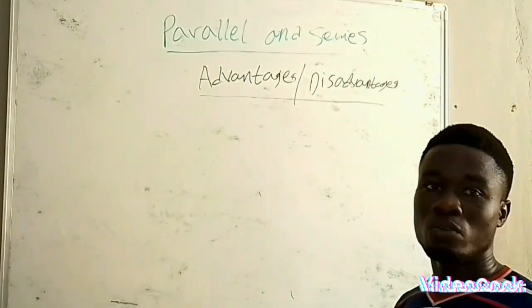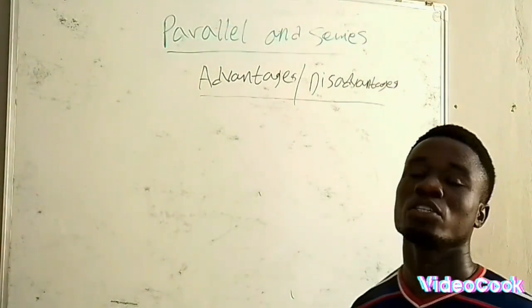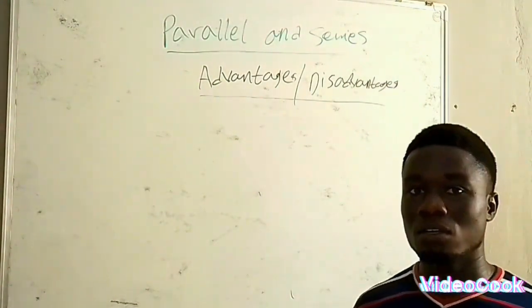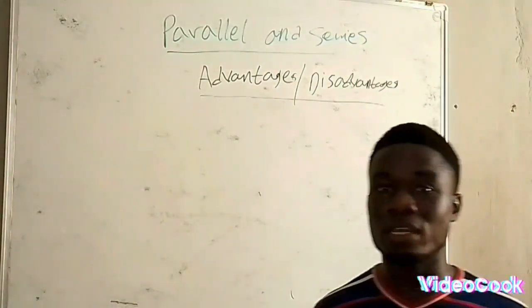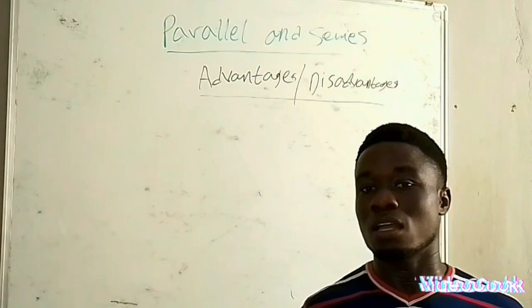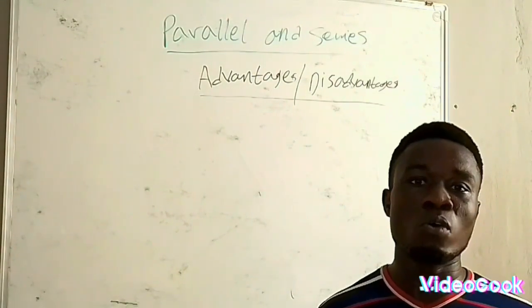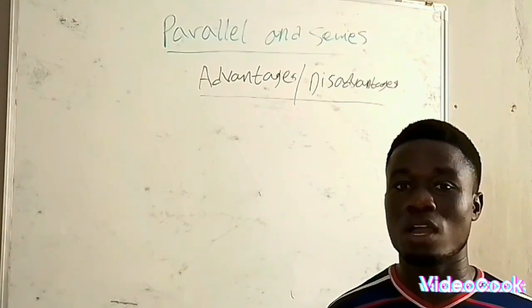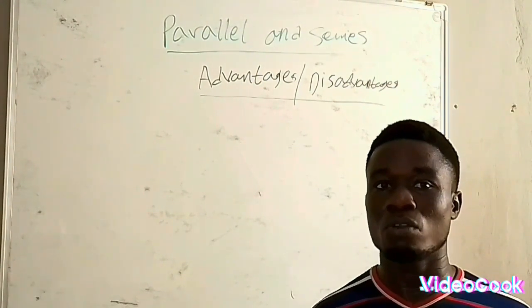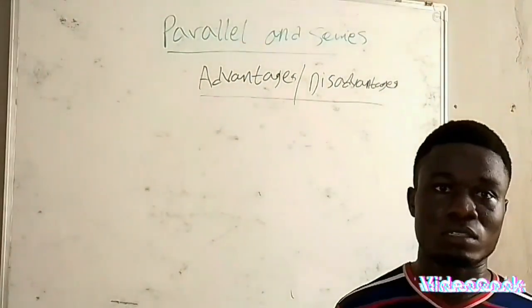Okay, now let's look at the advantages and disadvantages of parallel and series connection. So in parallel connection, though the energy of one battery is independent of the energy of the other batteries, heavier terminals are always required because in parallel connection you have higher currents flowing through the circuit at a lower voltage.